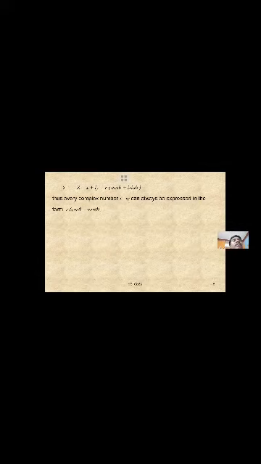That implies z equals x plus iy, that equals r of cos theta plus i sin theta. Thus every complex number x plus iy can always be expressed in the form r of cos theta plus i sin theta. See here, the number is expressed in the form of angles. So theta means it is an angle. So very interesting this.